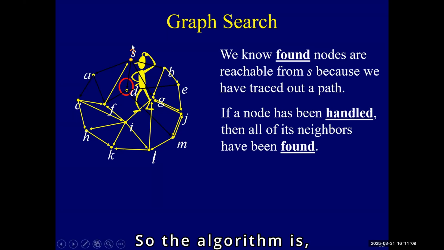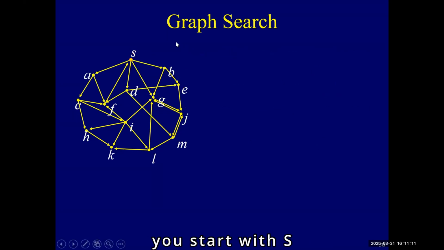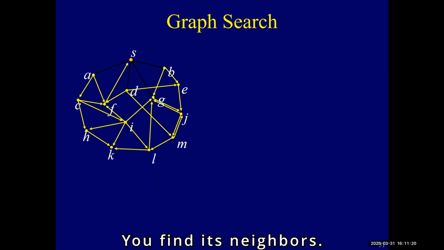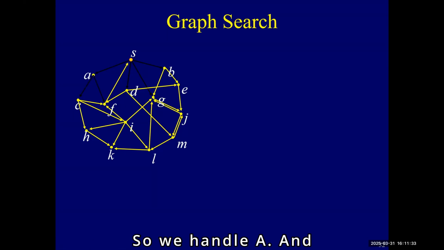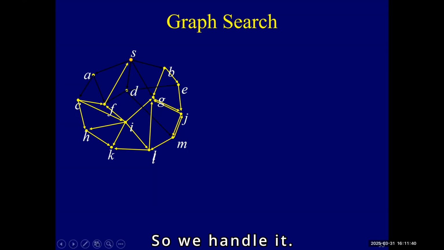So the algorithm is you start with S found but not handled. Then we handle it. What does that mean? You find its neighbors, and then you choose one of its neighbors. Now A has been found and not handled, so we handle A, and then you choose some other node. Here, D is found but not handled, so we handle it.